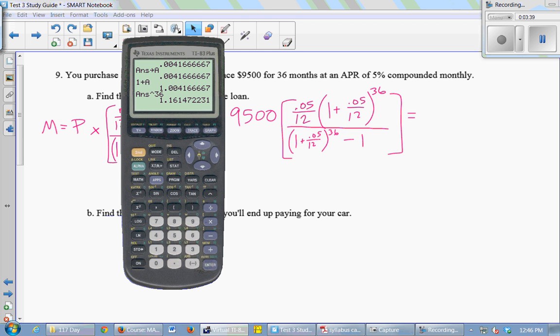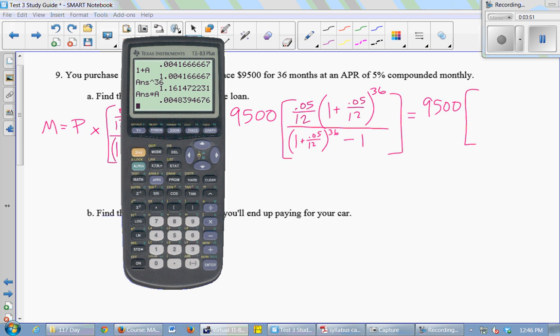And then I have to multiply all that by 0.05 over 12, which is the letter A. So this is now simplified to 9,500 times, my numerator is 0.0048 something. Maybe I'll store that as the letter B.